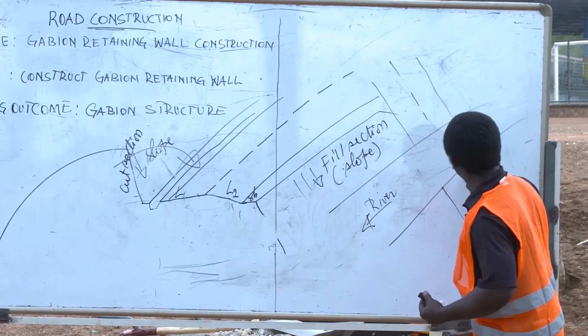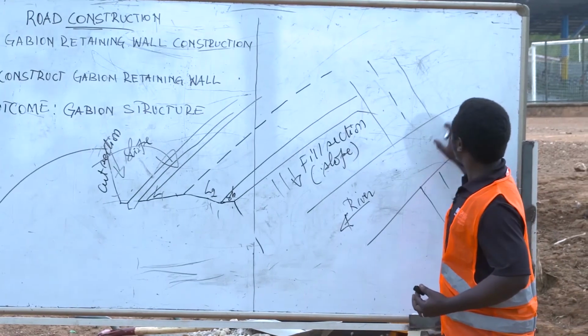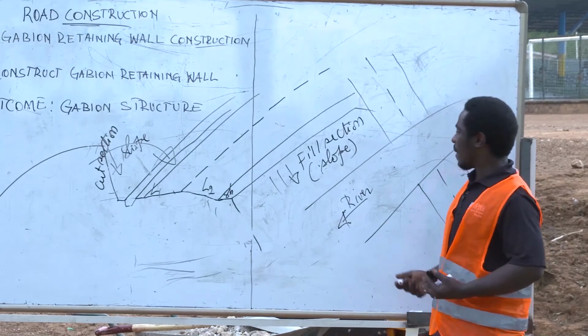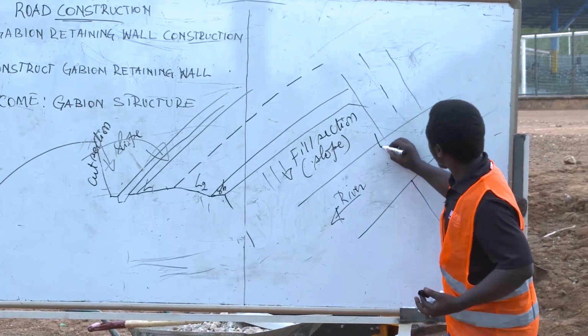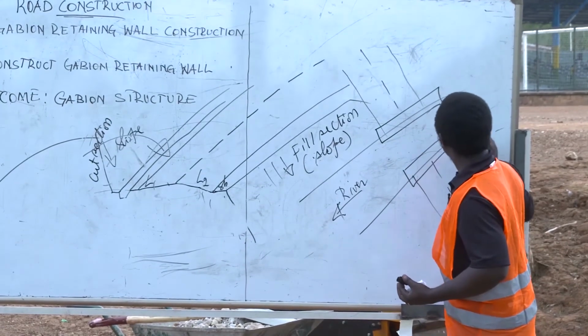This is our road, and we found here the soil is not able to support the load of the abutment. So this is abutment. So here we will prefer to use the gabions.